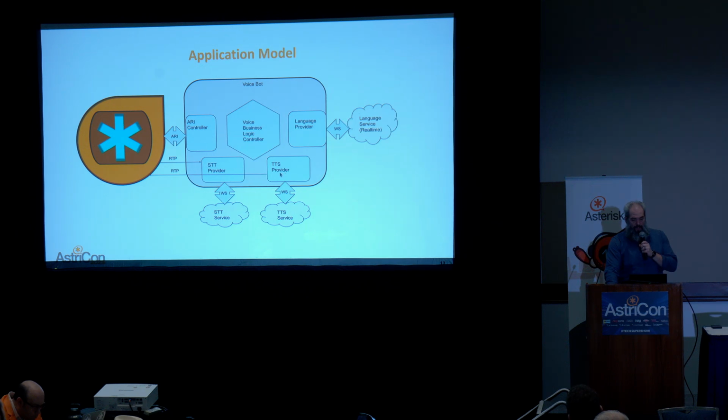You then have a reverse RTP stream from your text-to-speech back to Asterisk. Those each use a WebSocket connection to your voice services, speech-to-text and text-to-speech. And then you have a language provider module, which connects over WebSocket to your language service. In this case, this is OpenAI. This is DeepGram.